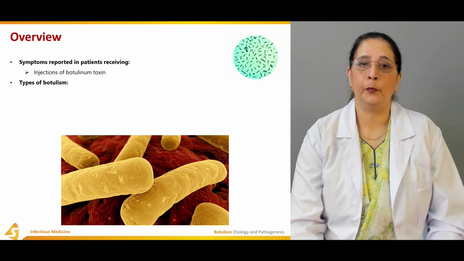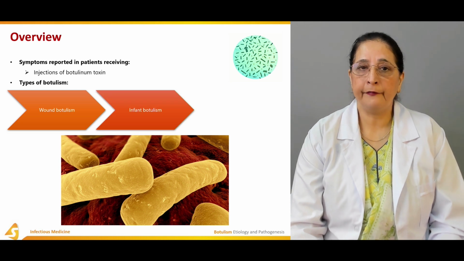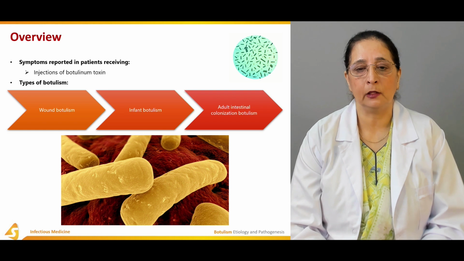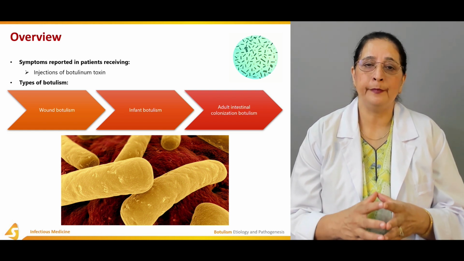Now, types of botulism: wound botulism, infant botulism, and adult intestinal colonization botulism. So these are the three main types.